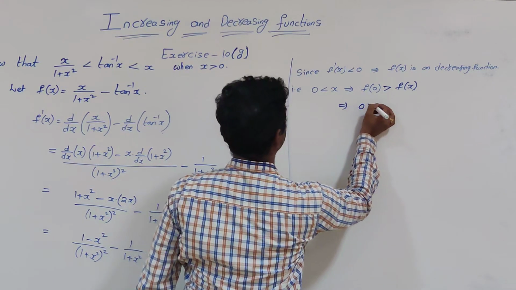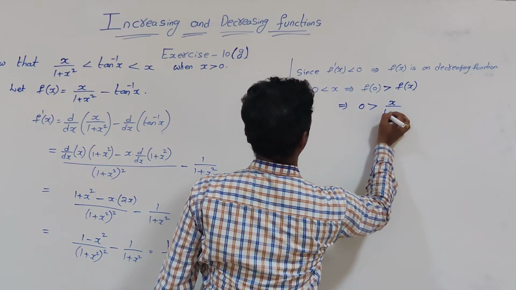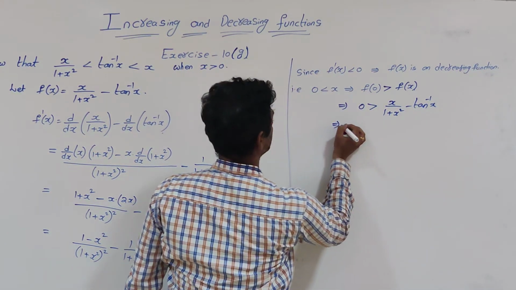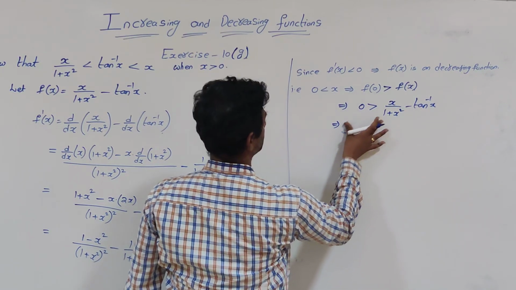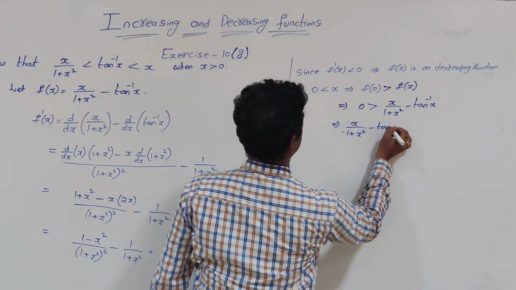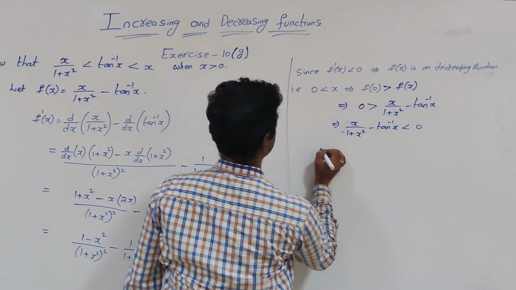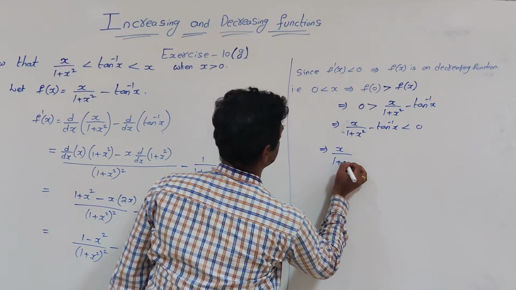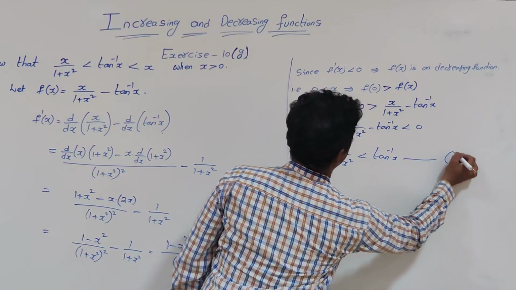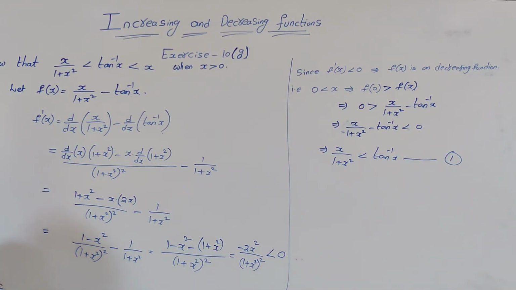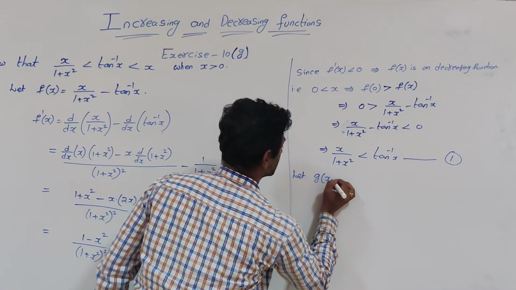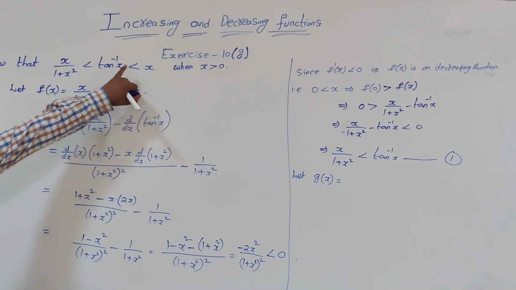So 0 is greater than x by 1 plus x square minus tan inverse of x, or x by 1 plus x square minus tan inverse of x is less than 0. So we have x by 1 plus x square is less than tan inverse of x. Assume that is equation 1. Next we will go for one more function. Let g of x be another function, that is tan inverse of x minus x.